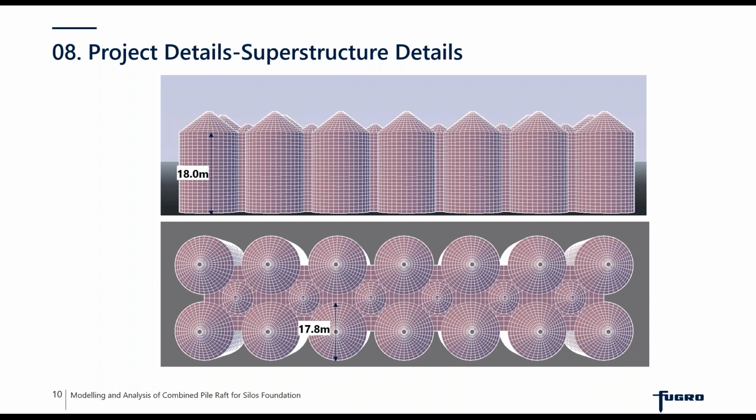The diameter of the silos is 17.8 meters, and since it's a group, it imposes heavy load on the foundation. That is why a combined pile raft foundation was proposed for supporting the group of silos.